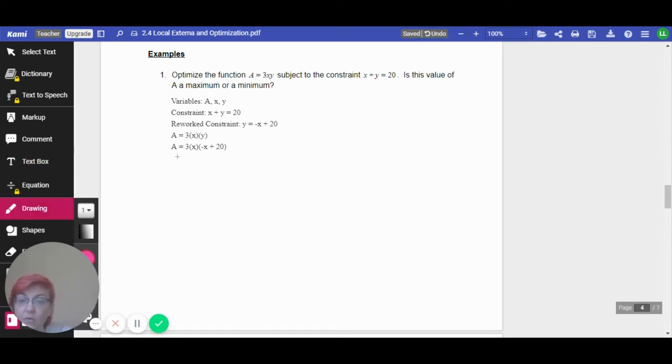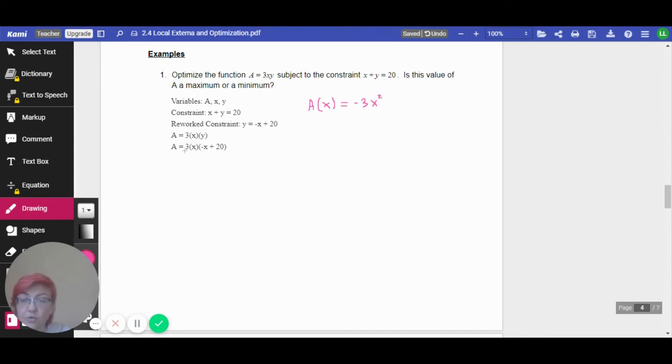And so now I have a function A of x that equals, so I'm going to distribute my 3x to my negative x and get negative 3x squared.